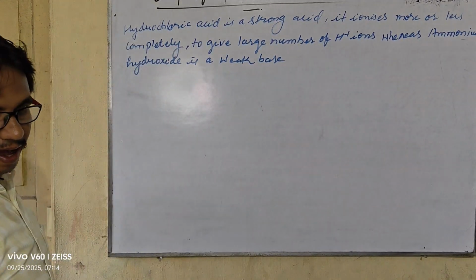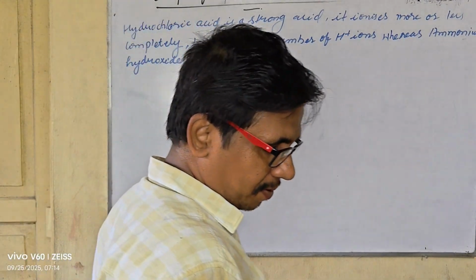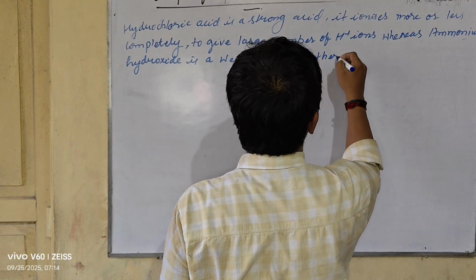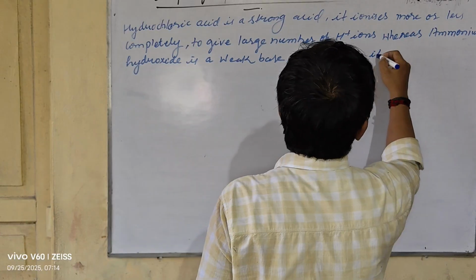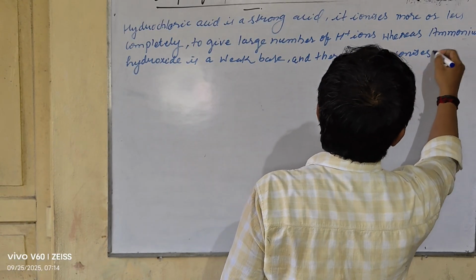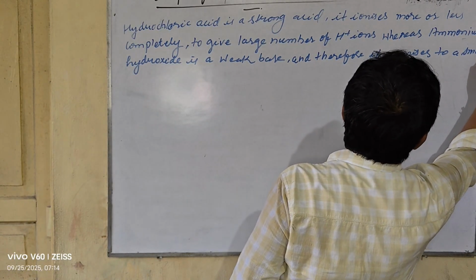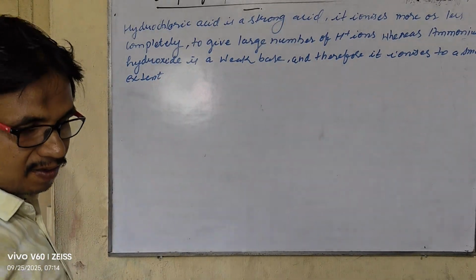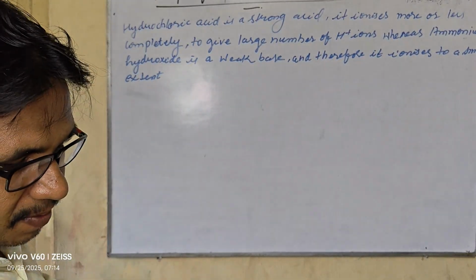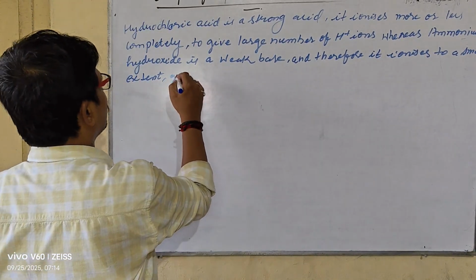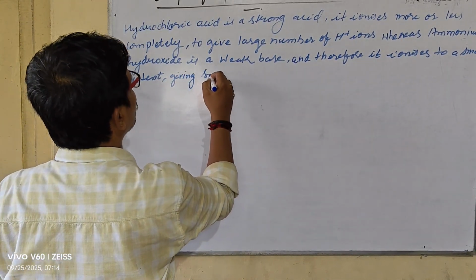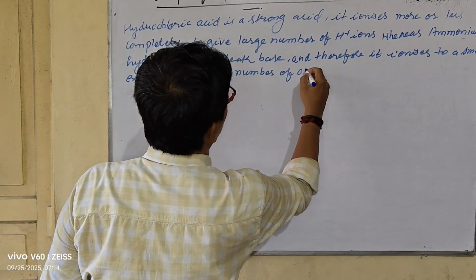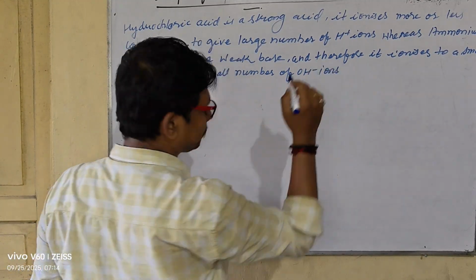So ammonium hydroxide is a weak base, and therefore it ionizes to a small extent, giving a small number of OH minus ions.